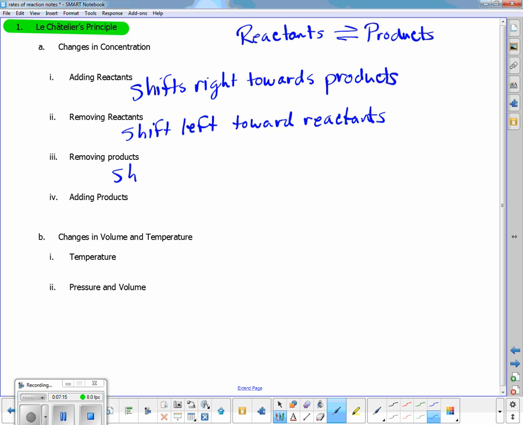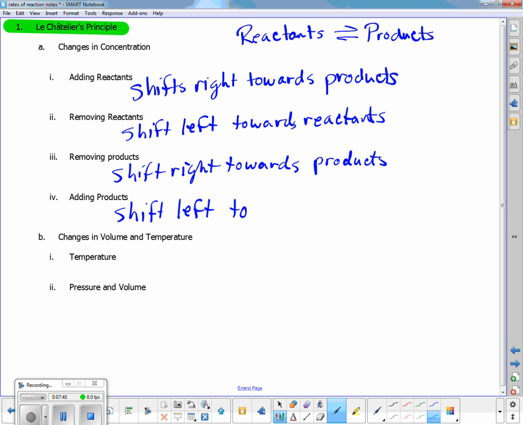Shifts right toward products. What about adding products? Shifts left towards reactants.